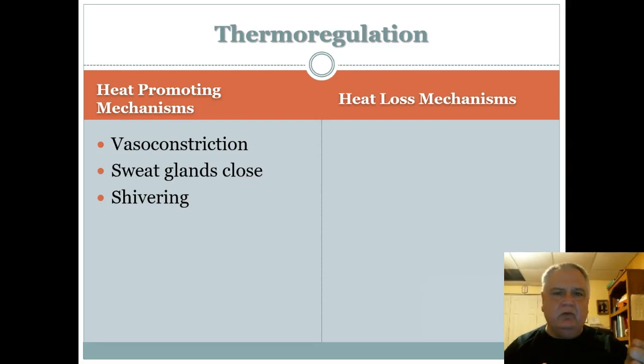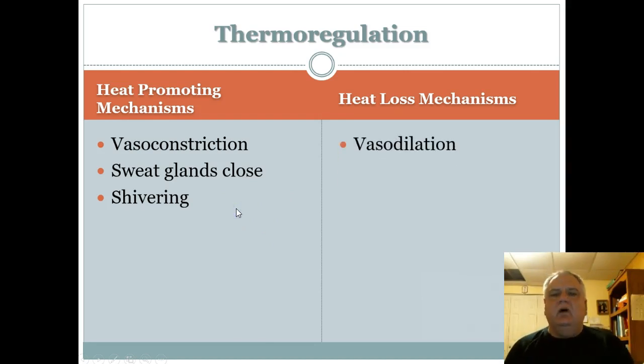Only about 40% of the energy released when ATP is broken down is transferred to the myosin cross bridge. A full 60% is lost to the surrounding environment. Lost as what? It's lost as heat. So whenever we shiver, we get a lot of heat production, and that can help to bring the body temperature back up. And that can be enhanced by vasoconstriction and sweat gland closing.